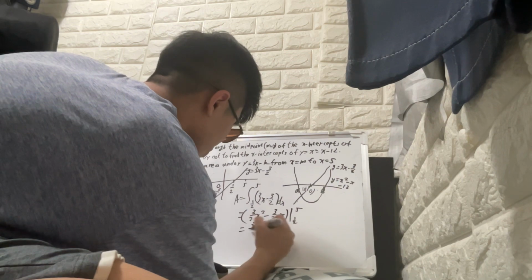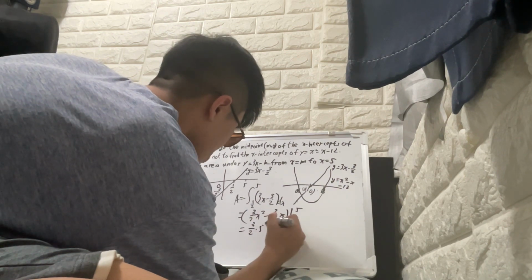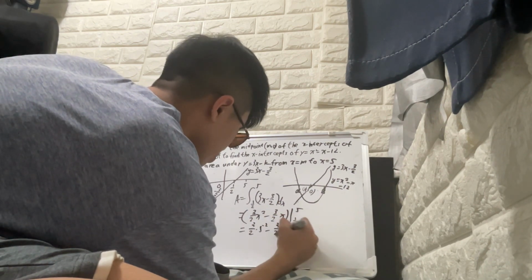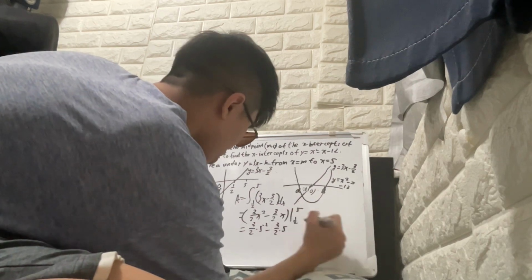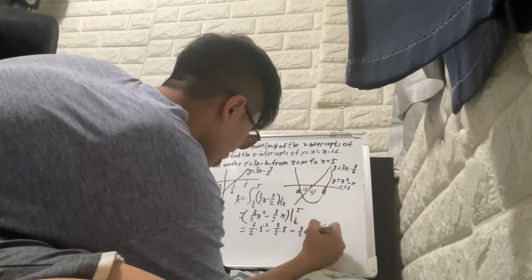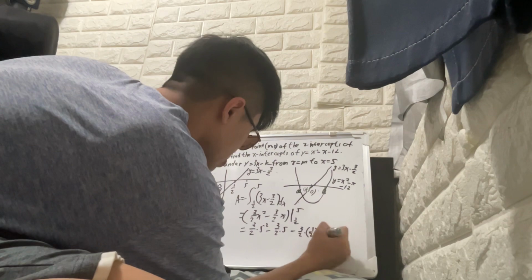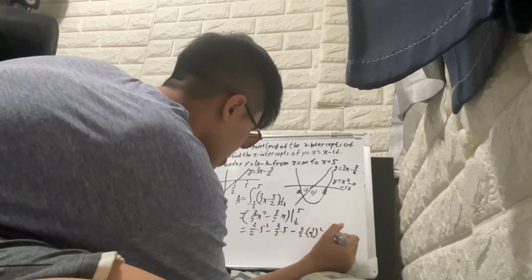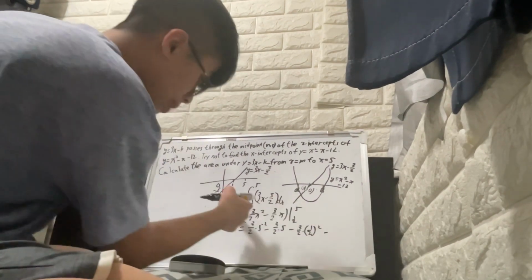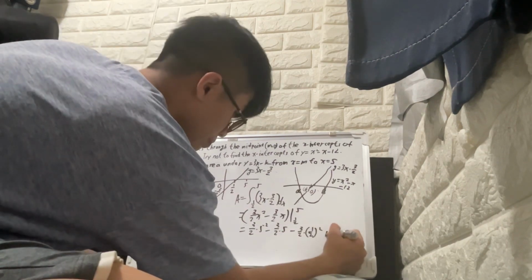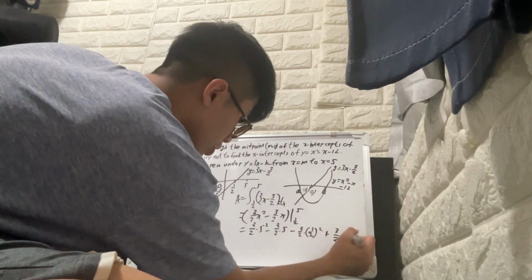It becomes 3/2 times 5² minus 3/2 times 5, minus 3/2 times (1/2)², plus 3/2 times 1/2.